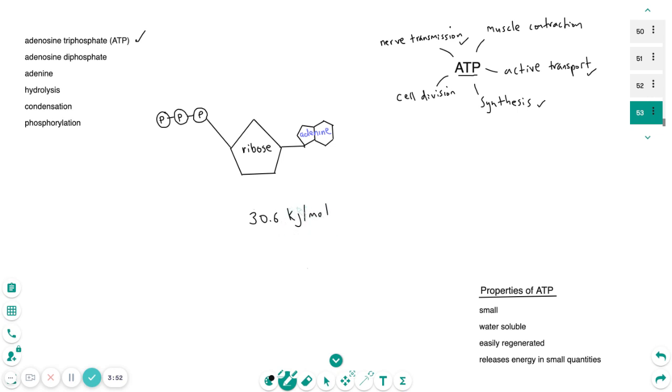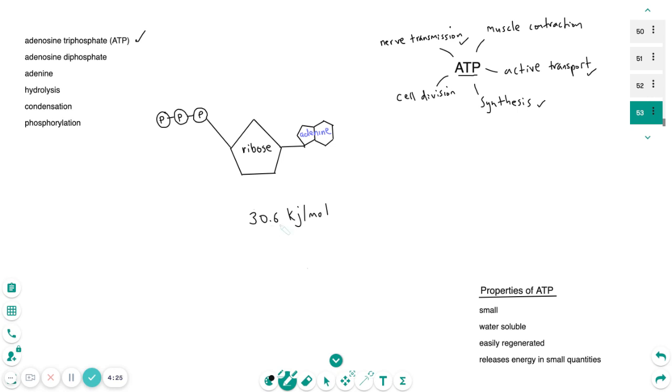That's a small little package of energy in comparison to a glucose molecule. A typical glucose molecule, by the time it gets broken down in respiration, you end up with about 36 ATPs. So you've got 36 small packages of energy, as opposed to all the energy being released in one go, and you'd lose a lot of heat if that happens.